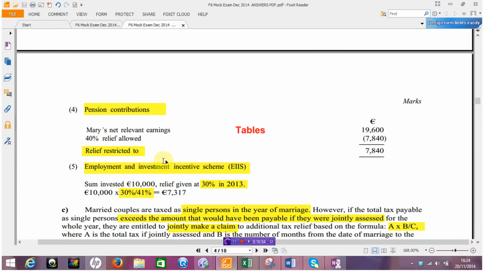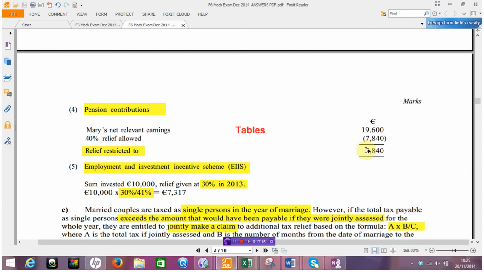In the first instance, we're trying to get the net relevant earnings, and then allow for, based on the individual's age, the amount that's relevant based on net relevant earnings. So in this case, we had to restrict to 7840.